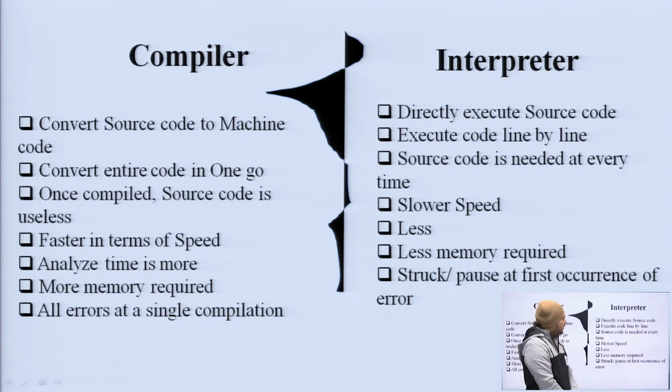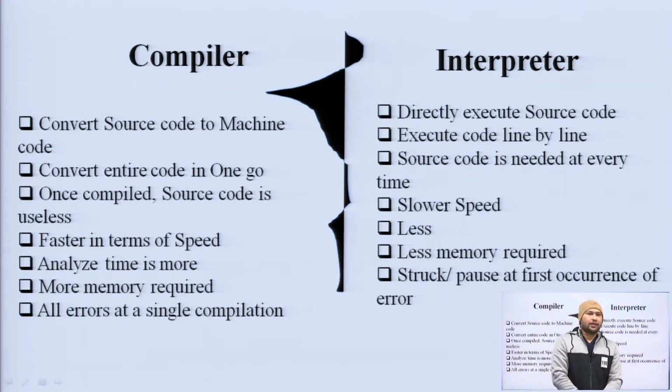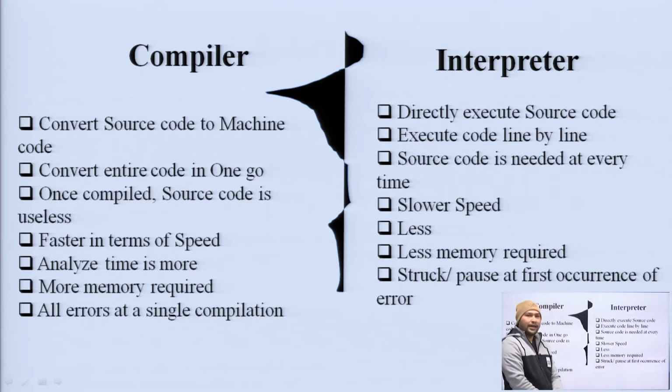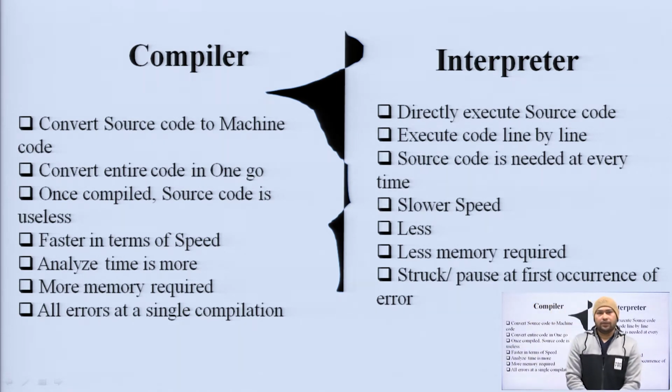Next, before introducing Python programming, first we need to differentiate between a compiler and an interpreter, because generally these are the two ways by which a program can execute. The first one is the compiler. In the compiler, the source code is converted into machine code. Machine code means zeros and ones, or you can say binary.